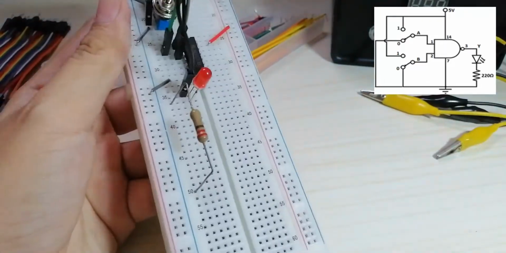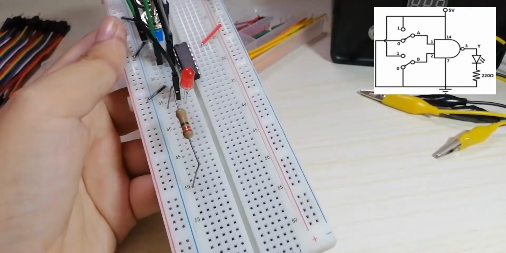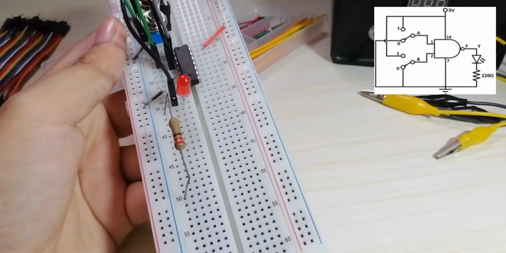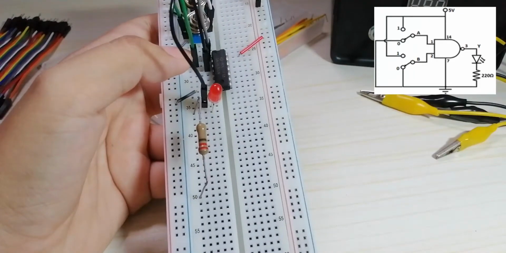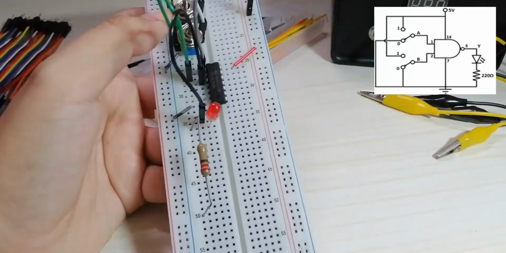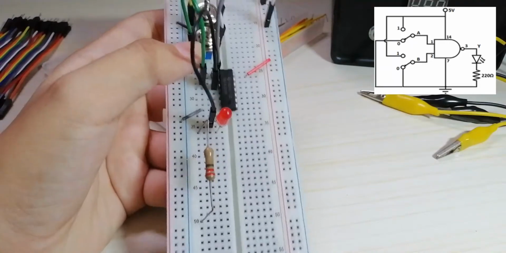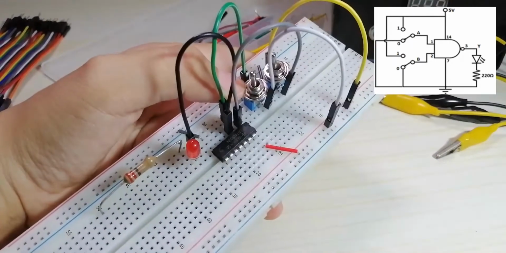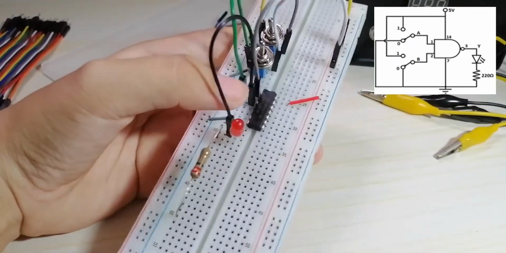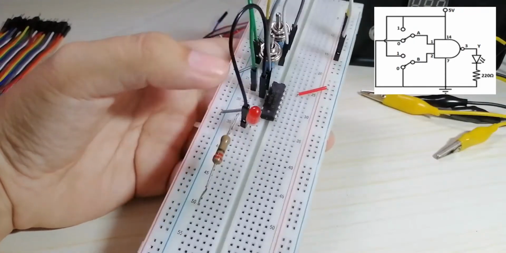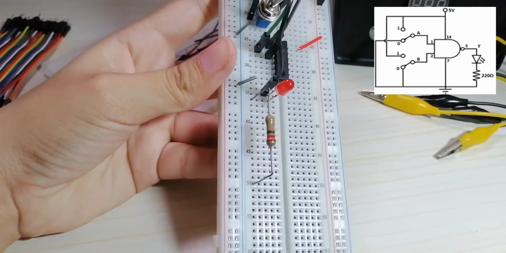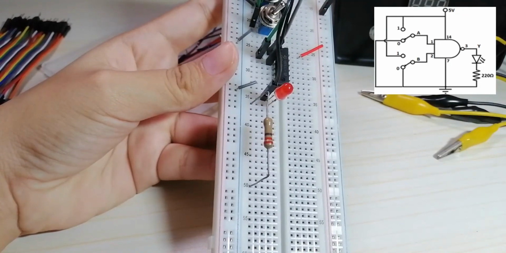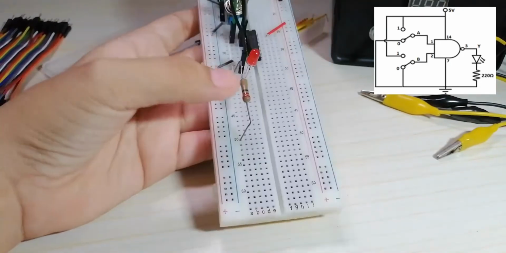Okay. Then, after that, let's check. The number 1 and the number 2 of our IC are connected to switch A and switch B. Then the number 3 of our IC, which is this one, is connected to the positive side of our LED. Then the negative side of our LED is connected to the resistor.